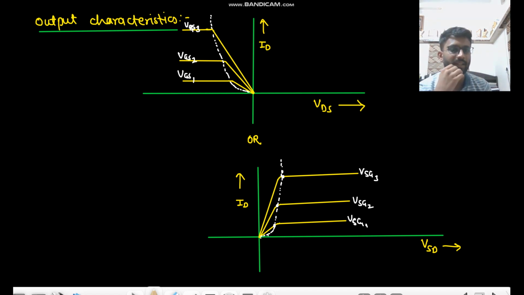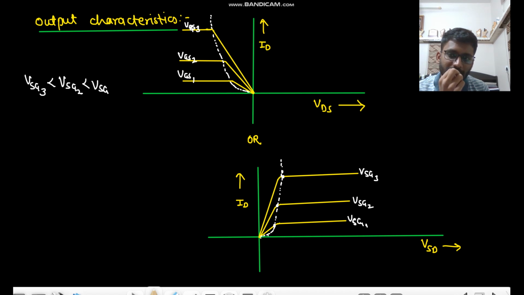Now you need to write the relation. How will you write the relation? Which one will be higher? VSG3 will be greater than VSG2, greater than VSG1, greater than mod of VTP. Why am I writing S?